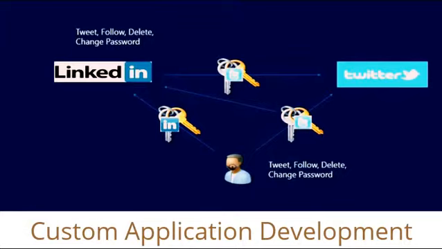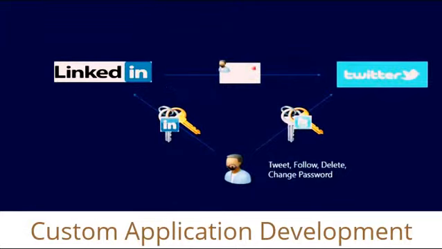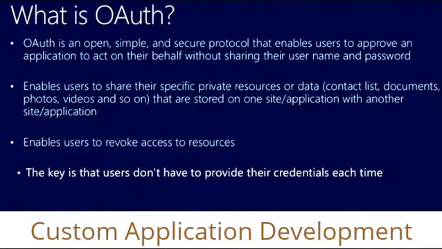So to solve that kind of dilemma, would it not be nice if I could give LinkedIn a note that tells Twitter that I'm going to allow LinkedIn to do certain things with certain limitations? That is the basic concept of OAuth. So if I can allow LinkedIn only to tweet on my behalf, there are no issues of all the unpredictable behavior and fears of giving your username and password to everybody around you.